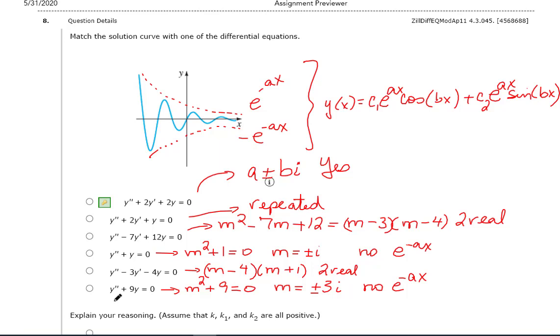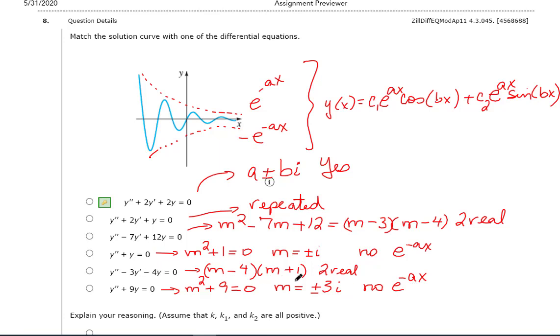Well, looking at the bottom one here, I get m squared plus 9 is 0, which will be m is plus or minus 3i, so no decreasing exponential.